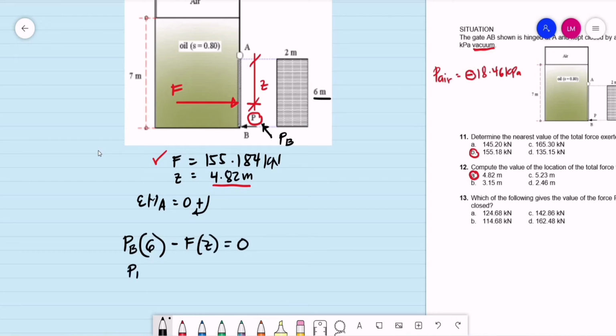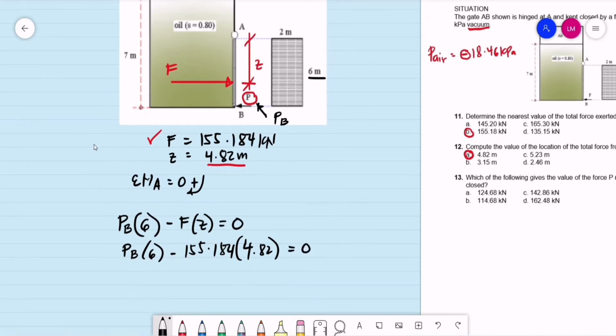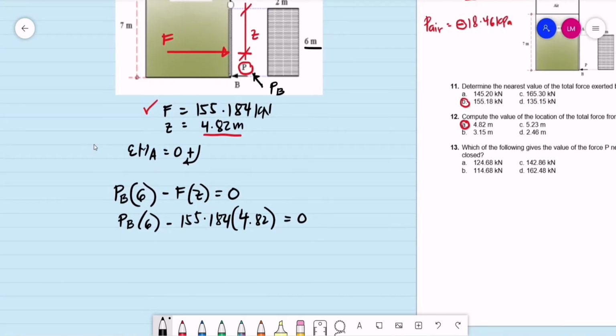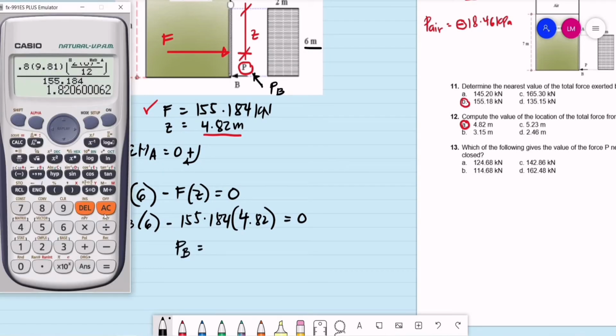So, we have the force at B times 6 minus the total force exerted by the oil, 155.184 kilonewtons. Gaano yun kalayo from A? Ang na-compute natin kanina is 4.82 meters. Equal to 0. So, computing for the force at B. Ito yung question number 13.